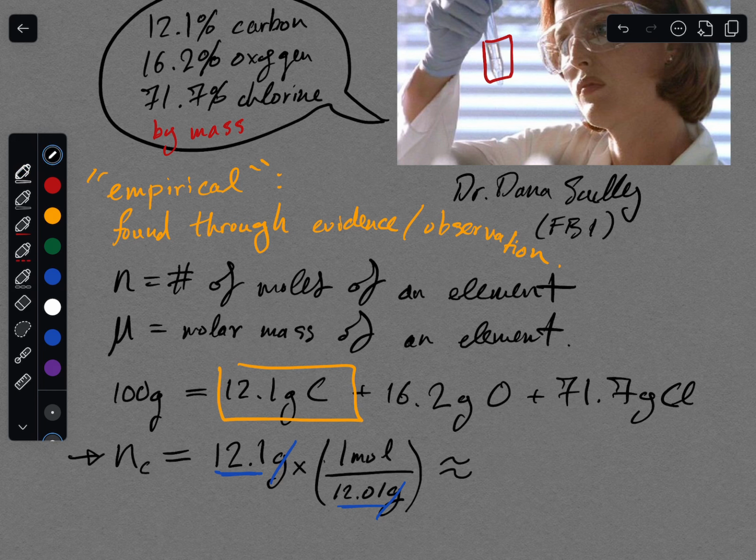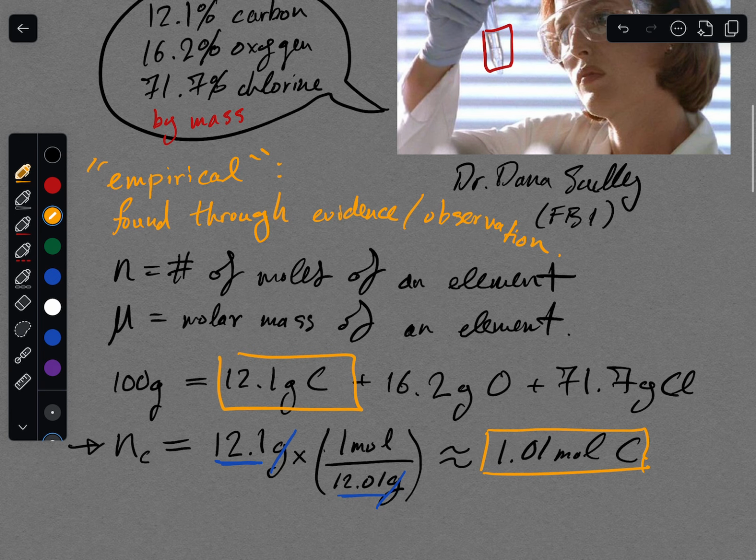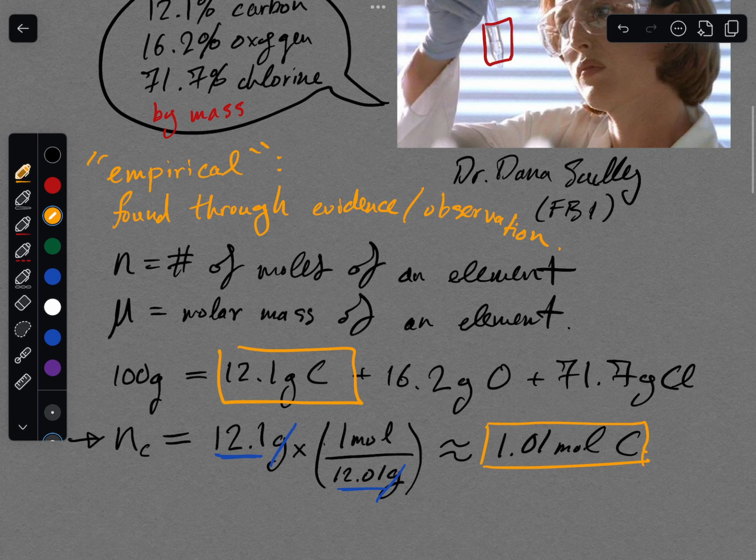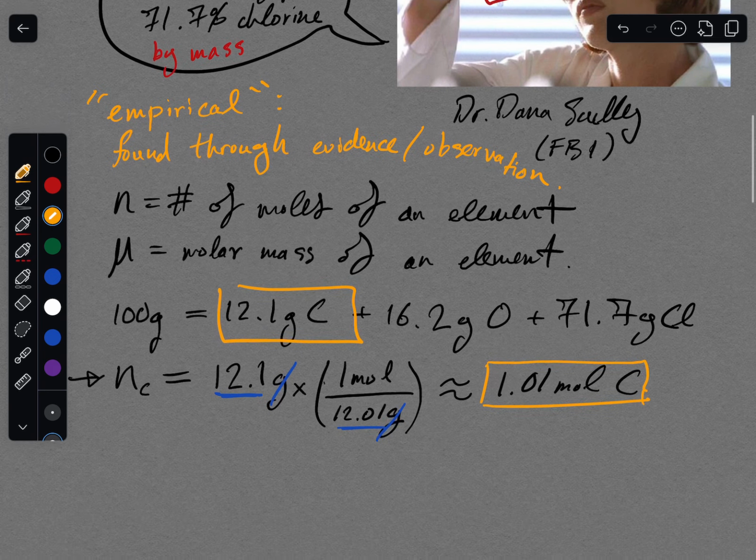Okay, so the number of moles of carbon in this hypothetical 100 gram compound is going to be about 1.01 moles carbon. Okay, and now I'm going to hold on to this number for later, for when I take my ratios. I need to do the same exact thing with oxygen and chlorine.